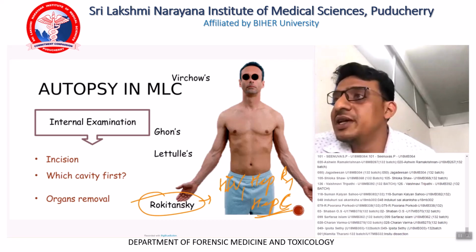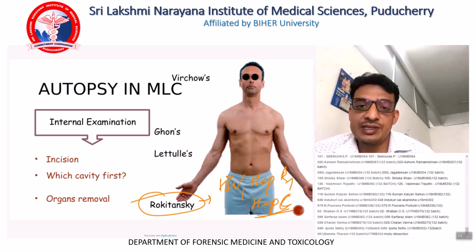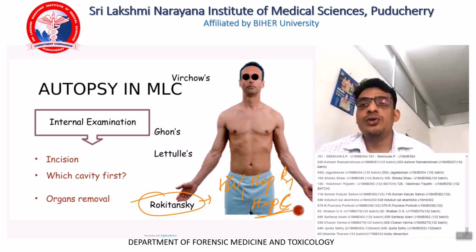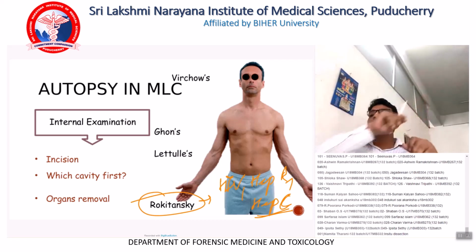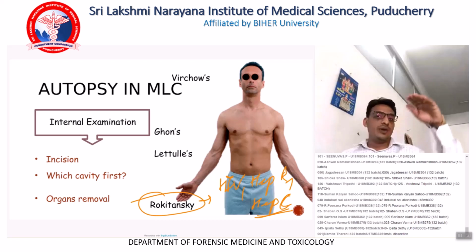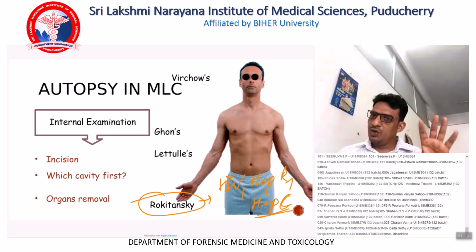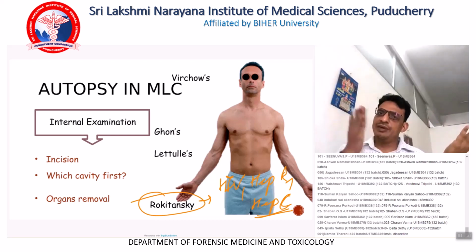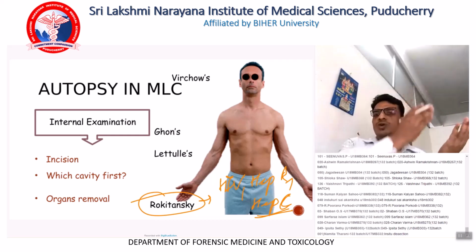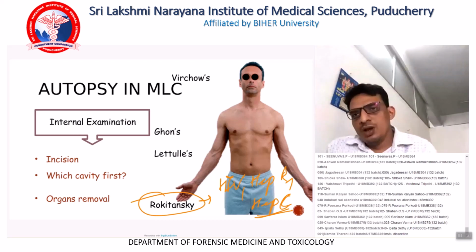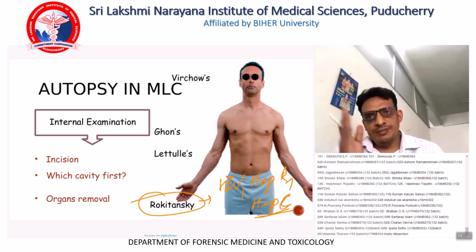In situ dissection, we will not take the organs out, we will dissect the organs in situ and look at the inner surface also, the cut surface also. Actually, the whole idea of taking an organ out is to examine it from the outside, all the surfaces, and then we take serial sections across the organ. So we will examine from different sides what the pathology is or the track of a wound.